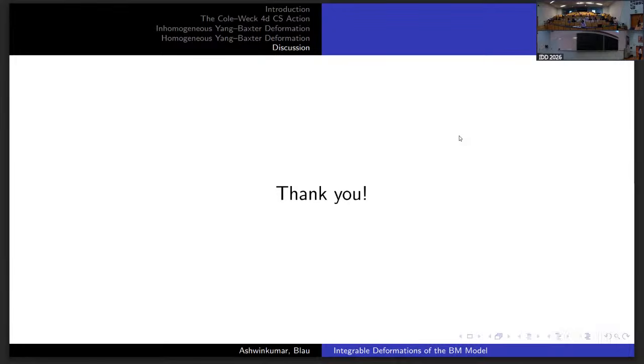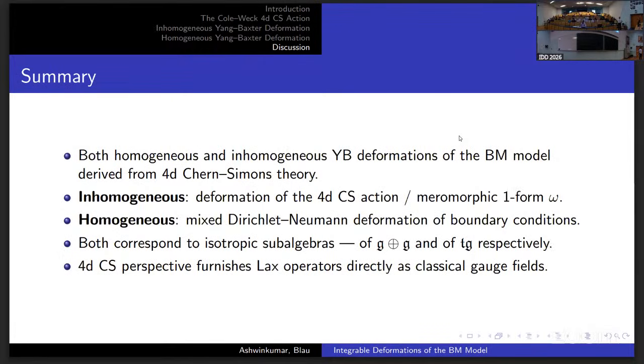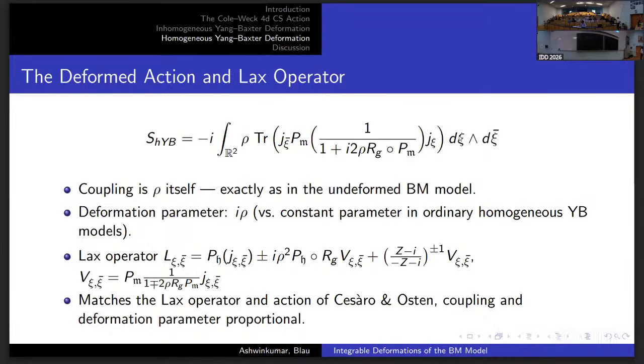Just in relation to the last question, what do the field equations look like? What does the Lax pair give you in terms of field equations on the sigma model? Sorry, the flatness of the Lax pair corresponds to the equations of motion of the deformed sigma model, as usual. But what does it look like?